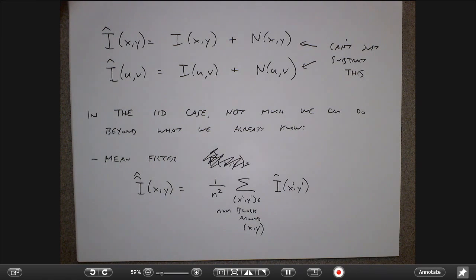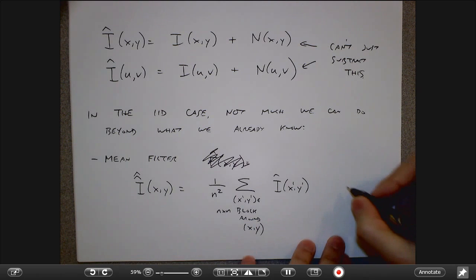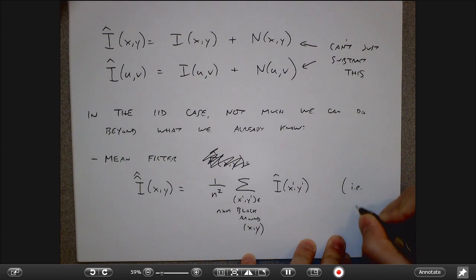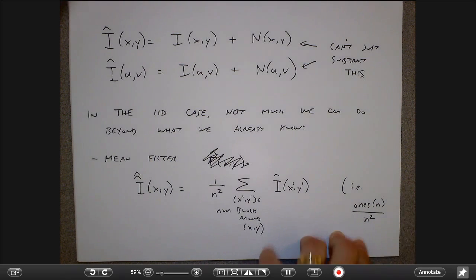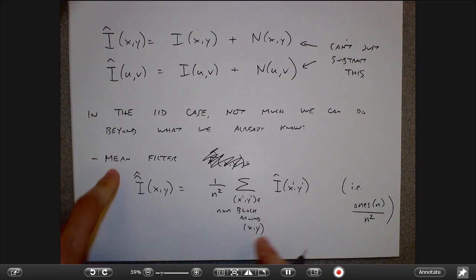That's an averaging filter, which is like saying I've got a spatial filter that's just ones over n squared, right? So we already knew about this filter in terms of trying to take a noisy image and smooth it, right?